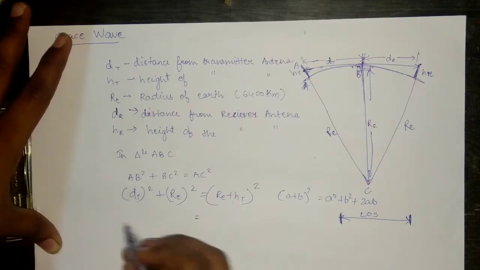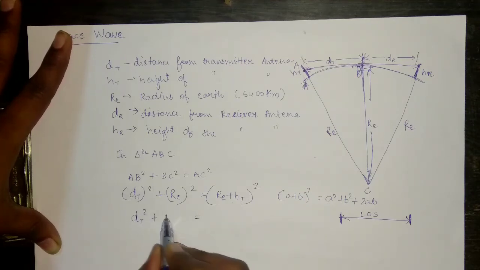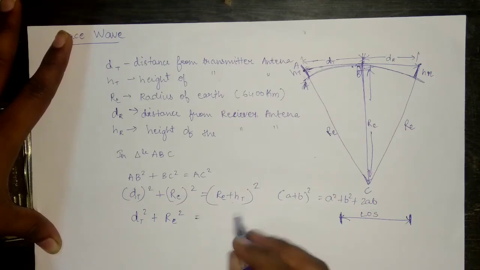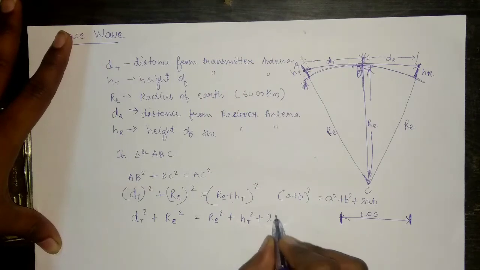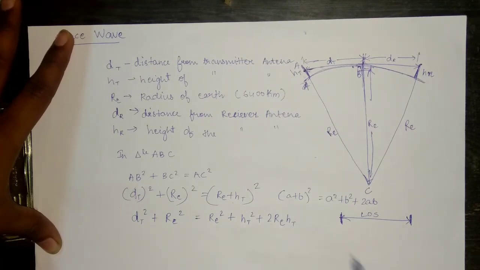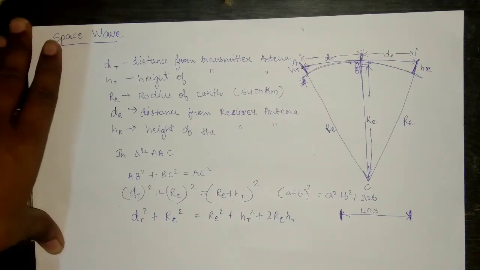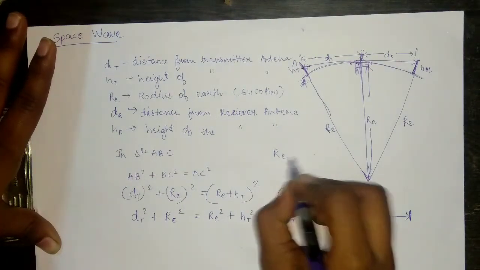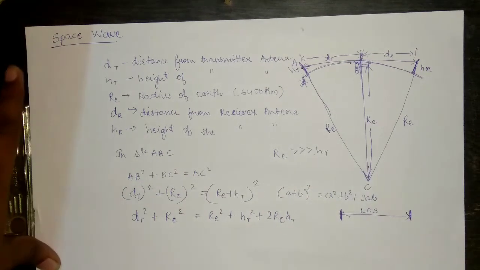So this is DT square plus RE square equals to RE square plus HT square plus 2REHT. Now as you can see, the radius of Earth is very much greater than the height of your transmitter and receiver.